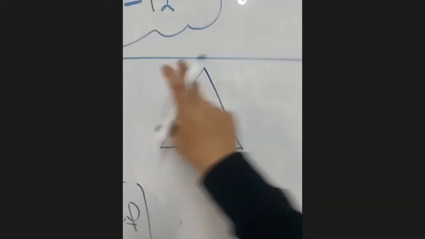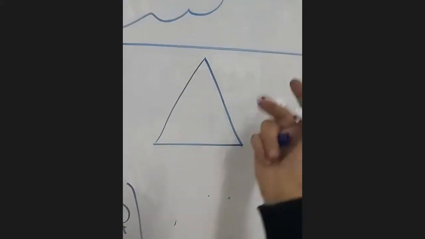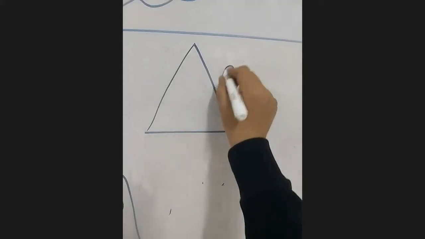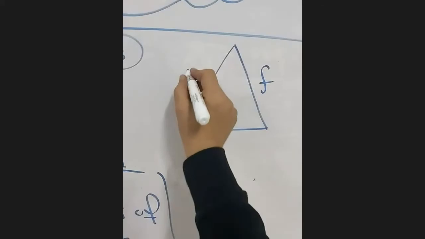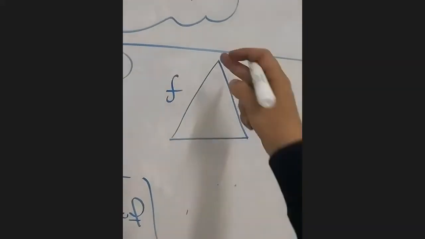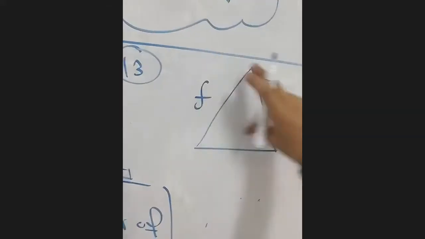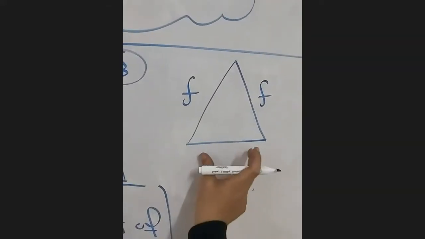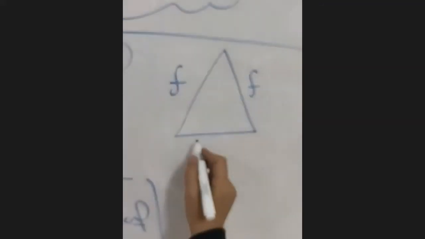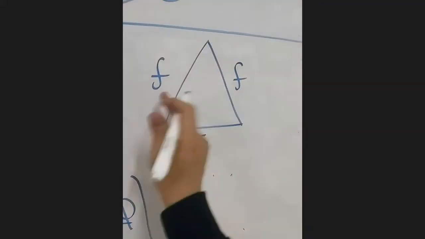We have two sides with the same length. So let this side be F and this side be F, because they have the same length. The third side, the question said, is 1.5F.